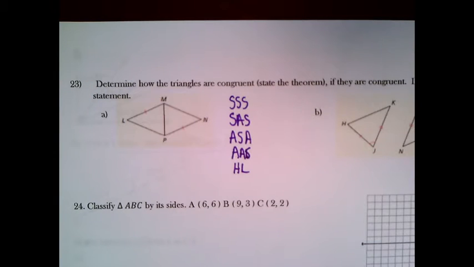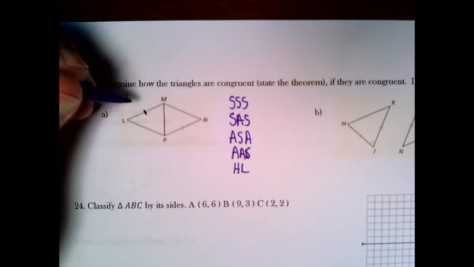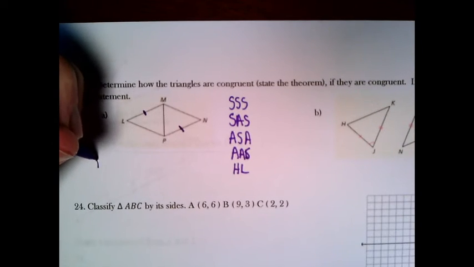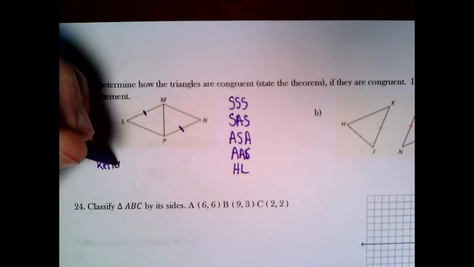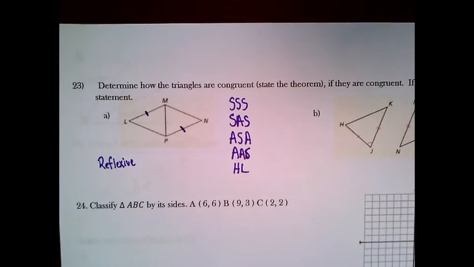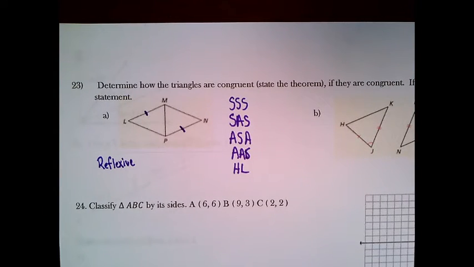Well, in order to mark a side congruent, it either has to be marked already. Well, that's marked and that's marked. So that's one thing. To mark sides congruent, you need a couple things. You need the reflexive property. Or in a proof, they might tell you that you have a midpoint.